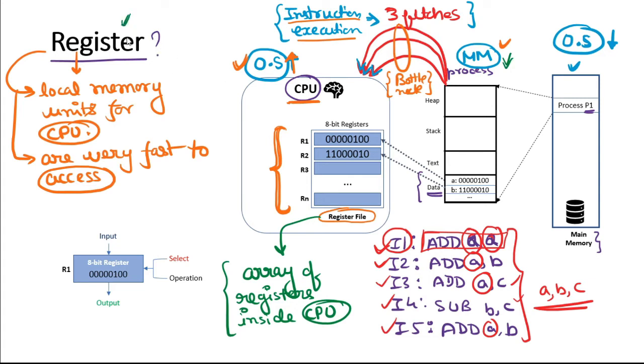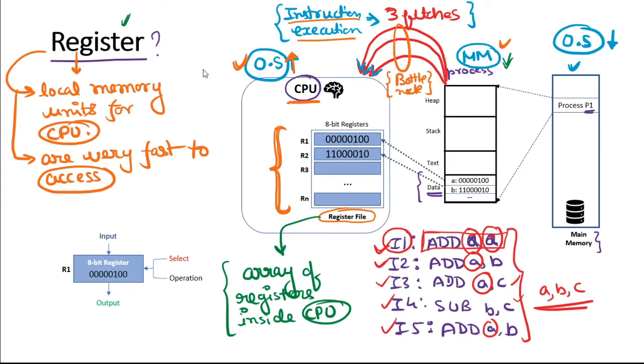So there are different types of memories, and we will discuss the types of memories and the memory hierarchy, depending on how fast they are, when we discuss memory organization.